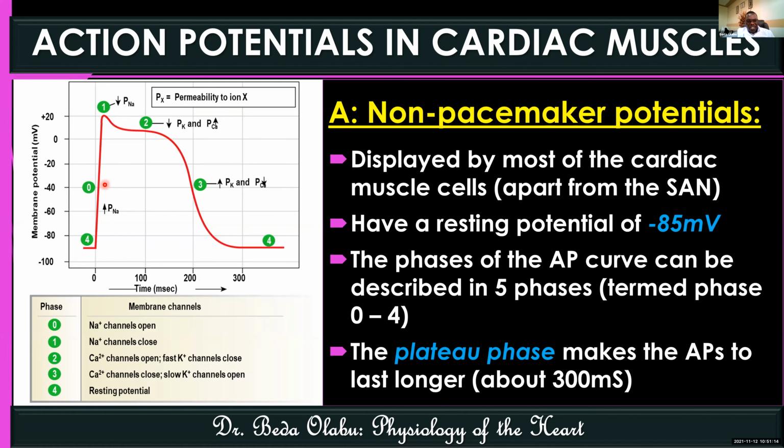So you need to know what is phase 0, what is phase 2, what is phase 3. And you need to know the molecular event in each phase, so that you're able to understand the mechanism of action of the anti-arrhythmic drugs.